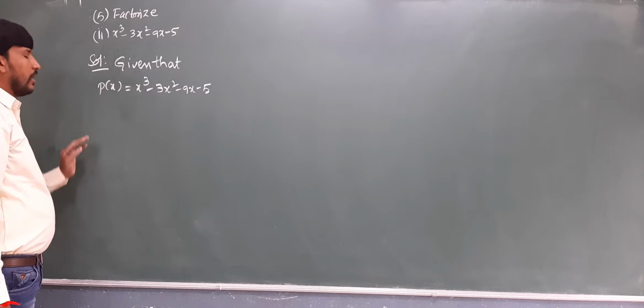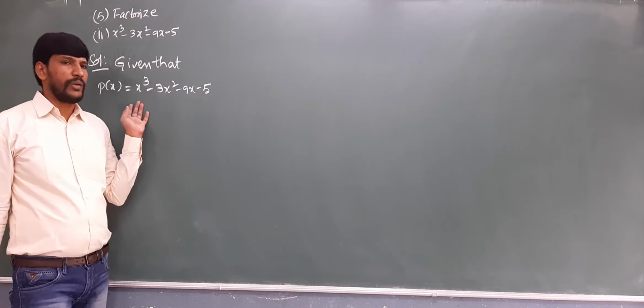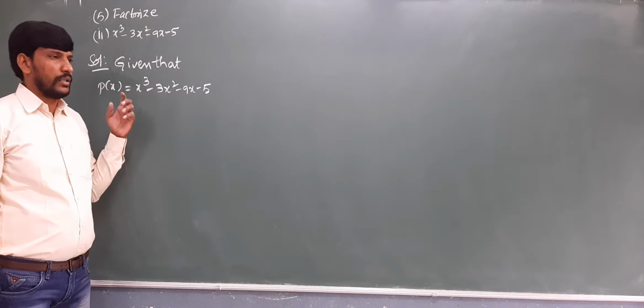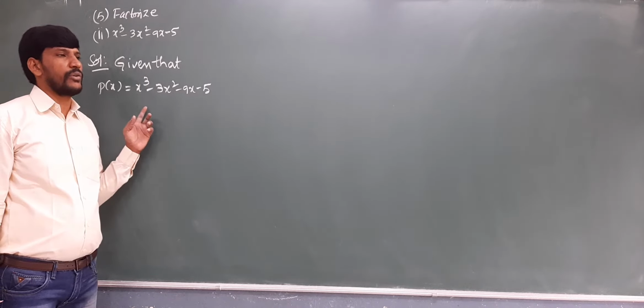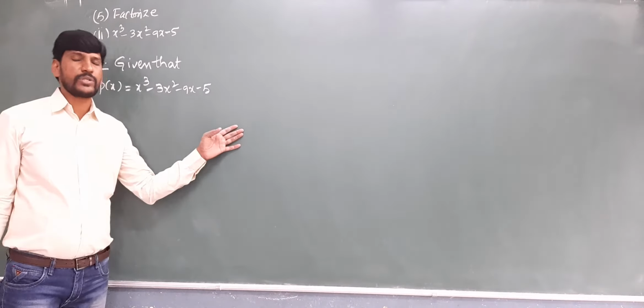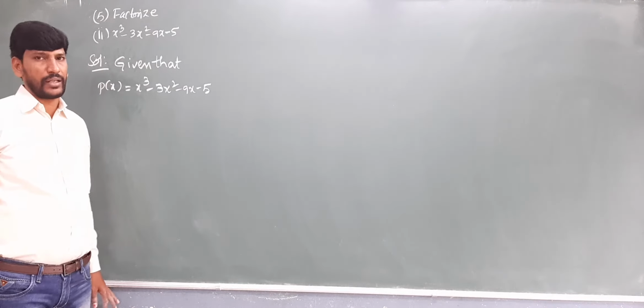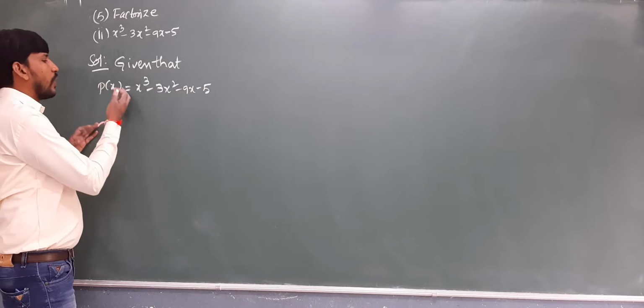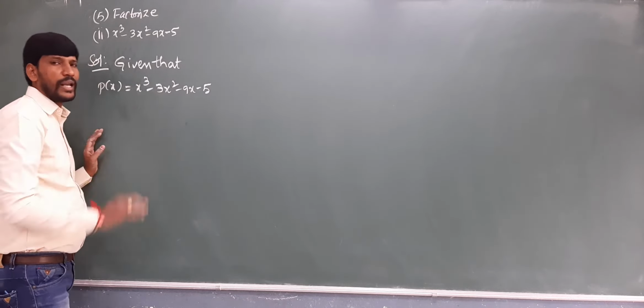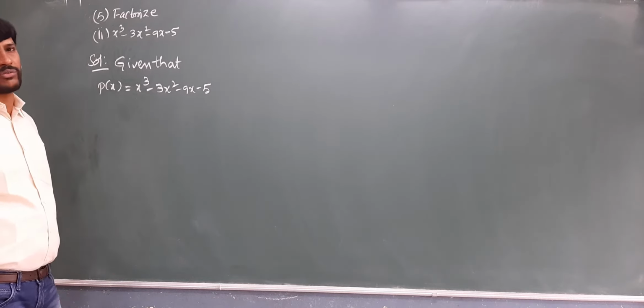As I told you in the previous problem, if by adding all the coefficients of x cube, x square, x and the constant the value becomes 0, then x minus 1 is one of the factors. That is, if you substitute x equal to 1 and it equals 0, then p of 1 is equal to 0, then x minus 1 is one of the factors.